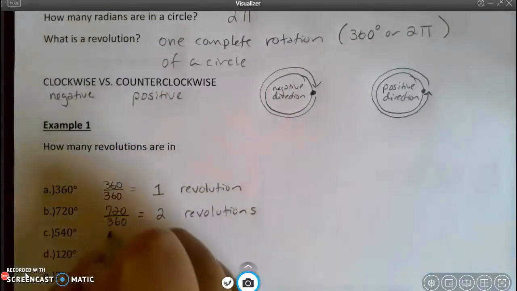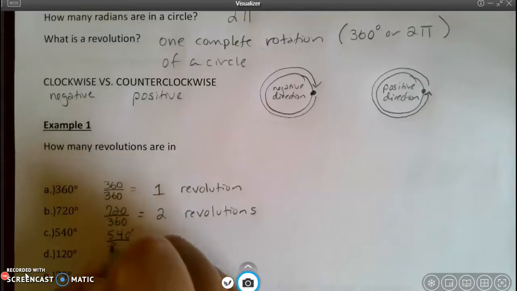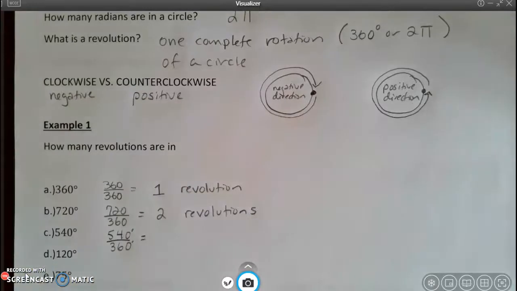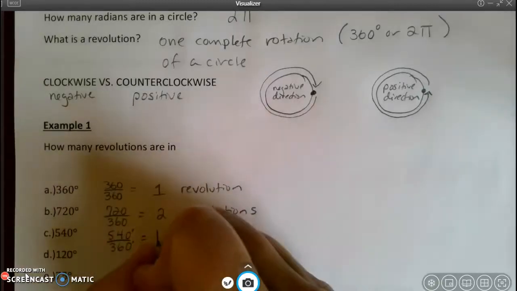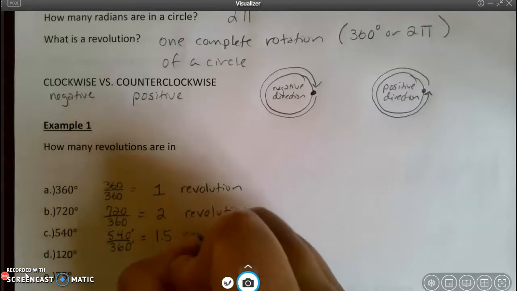And I have 540 degrees divided by my total of 360 degrees and 1 complete revolution. And I'm going to use my calculator for that one. 540 divided by 360. And I get that that is 1.5 revolutions.